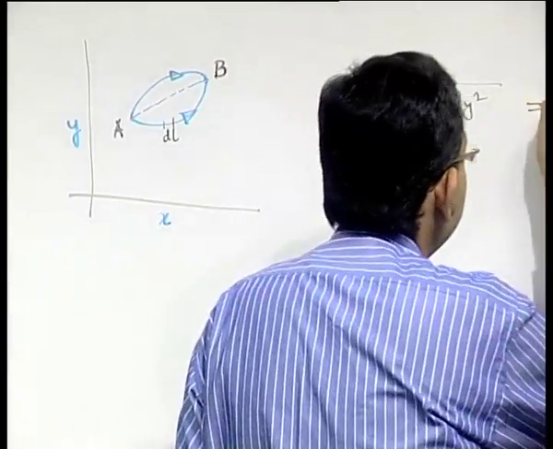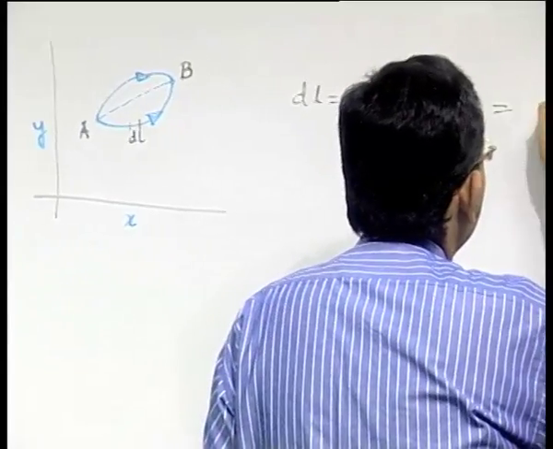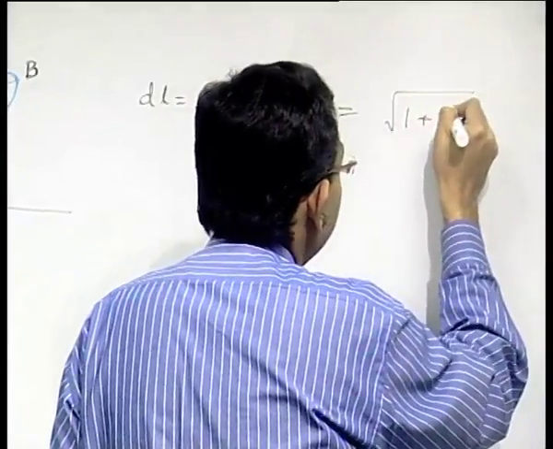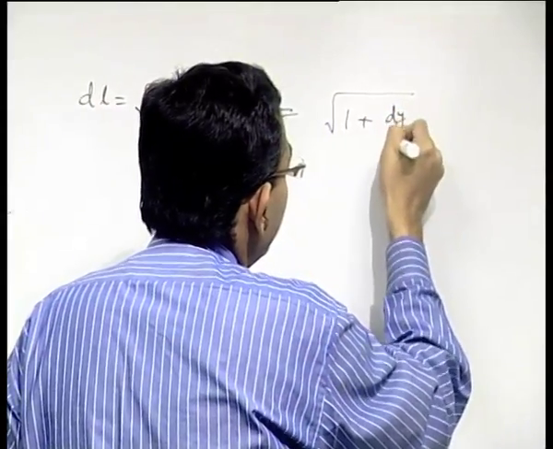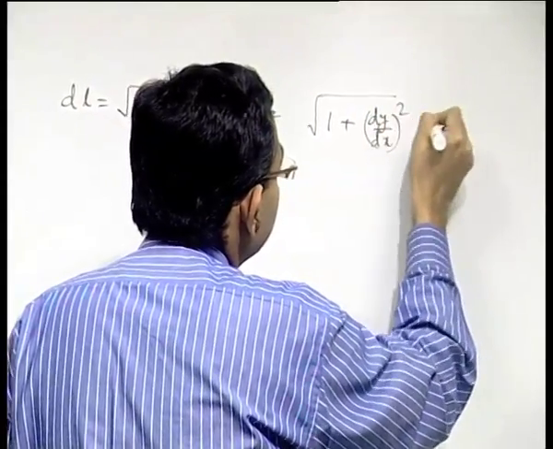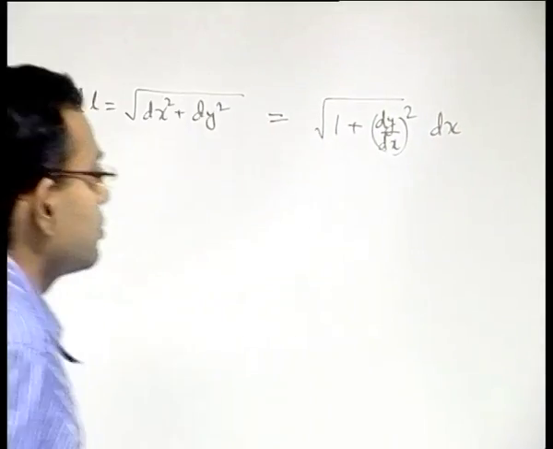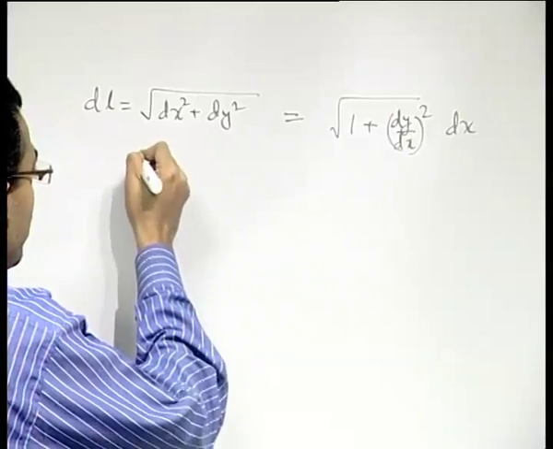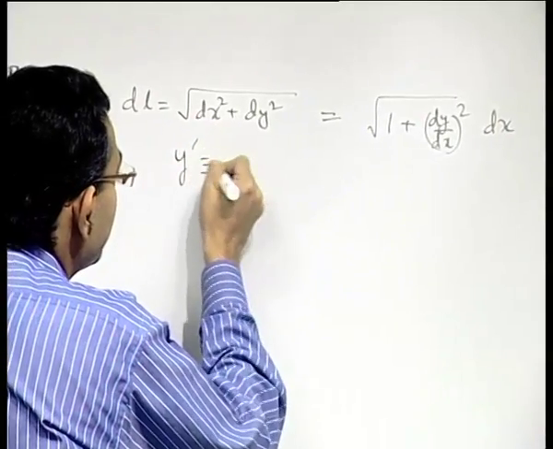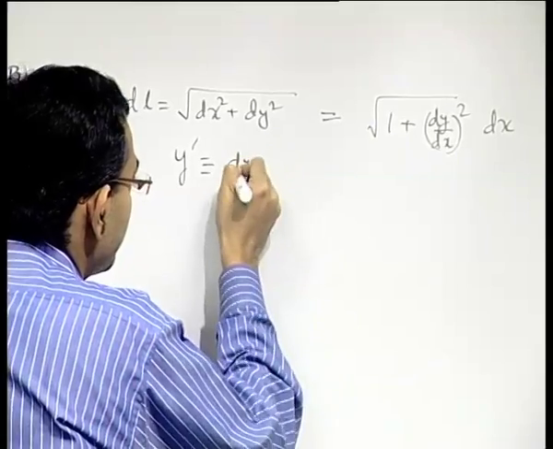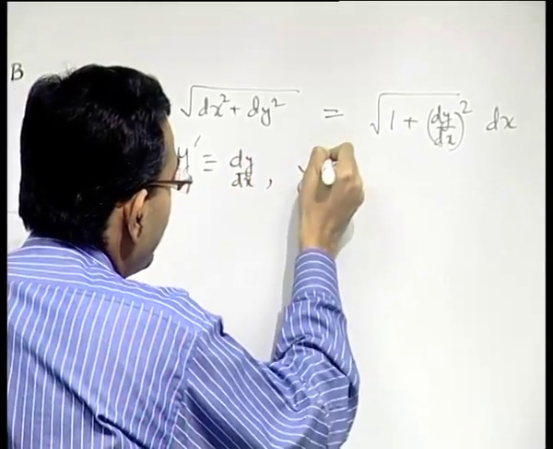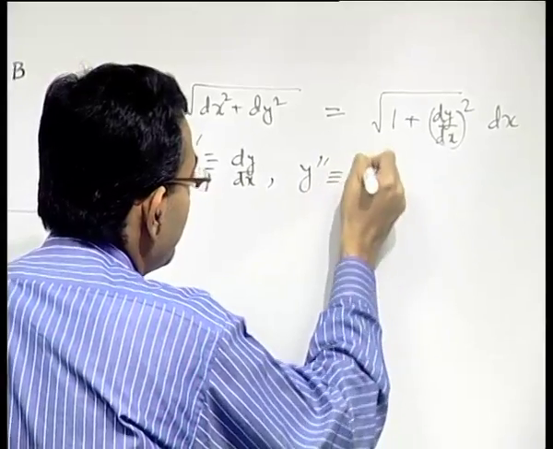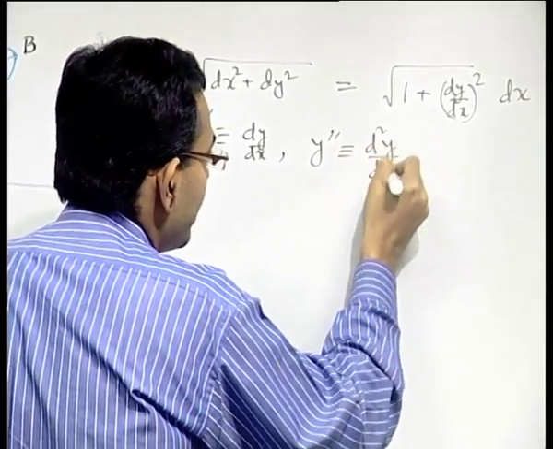So you can write this as square root of 1 plus (dy/dx) square, times dx. We use the short notation y dash equivalent to dy/dx, y double dash is equivalent to d square y/dx square, like that.